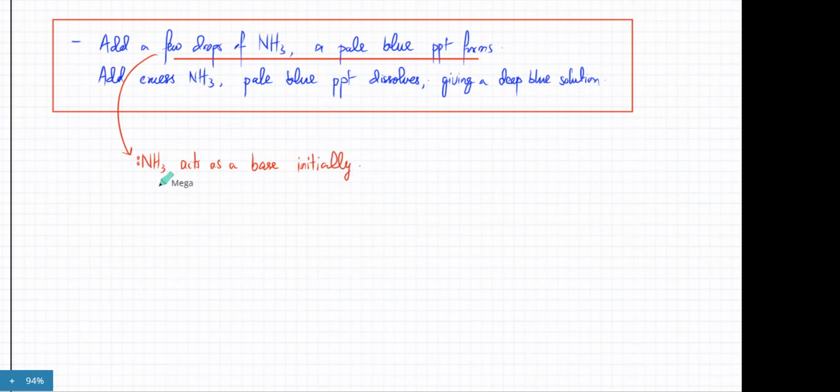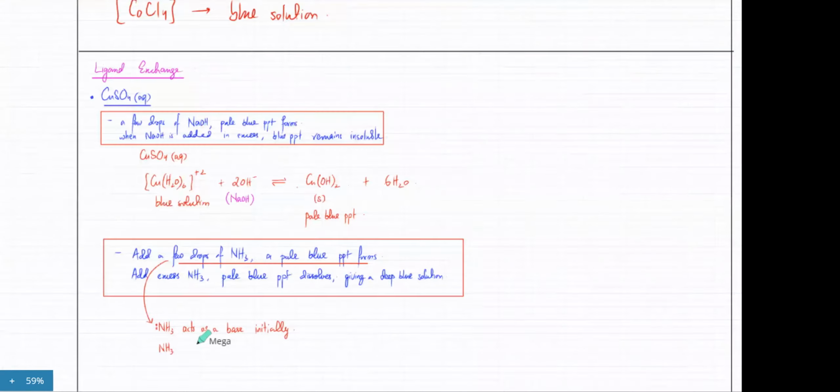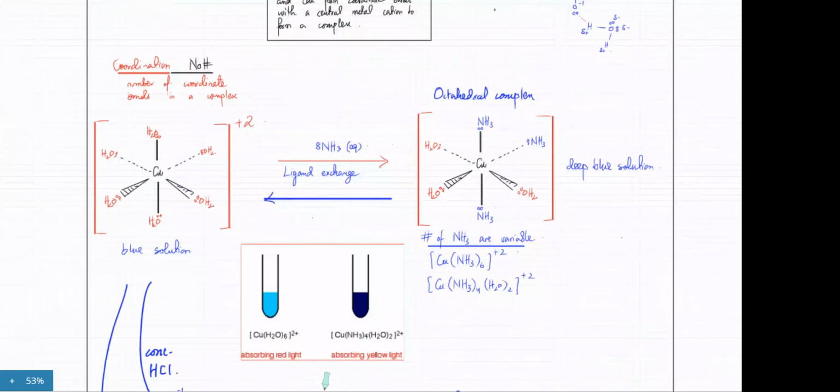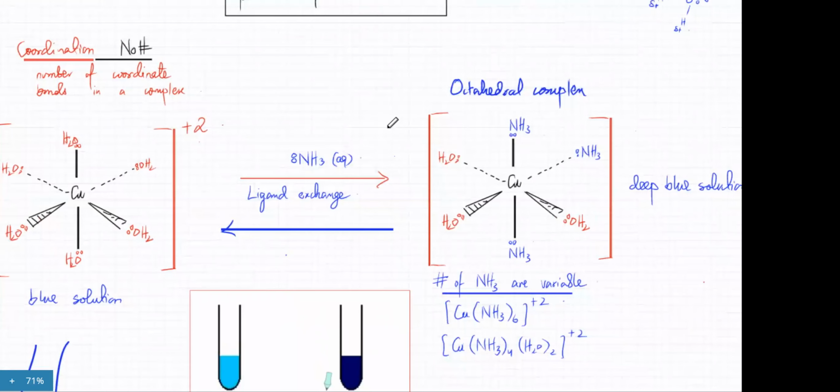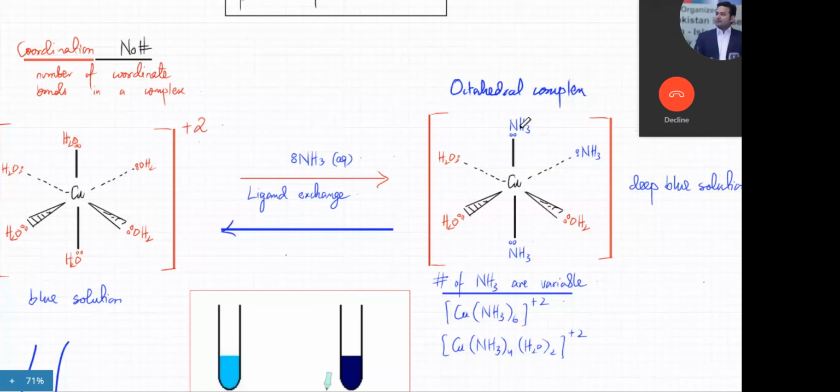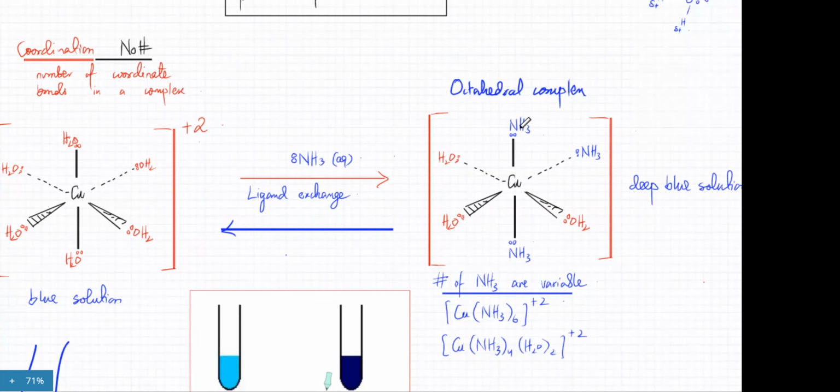What that means is that the few drops of NH3 that are added, instead of acting as a ligand, like previously I told you, when you add NH3, slowly the NH3 would knock out the water molecules and would replace some of the water molecules around the copper ions. NH3's lone pairs are going to be surrounding the copper ions.